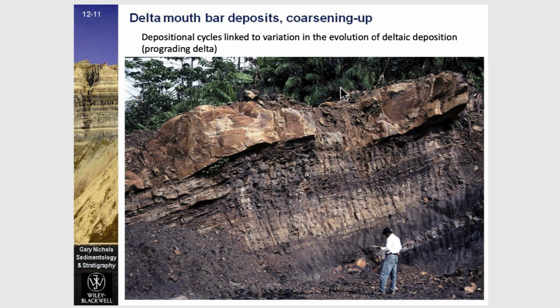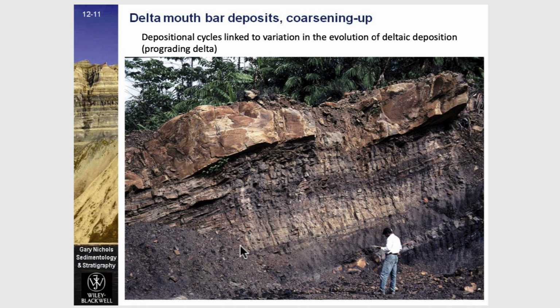So sandstones are preserved. In this case, they are quite oxidized sediments, and so that's clearly an indication that you have a prograding situation. So you move from muddy materials that are more typical of the slope of the delta.